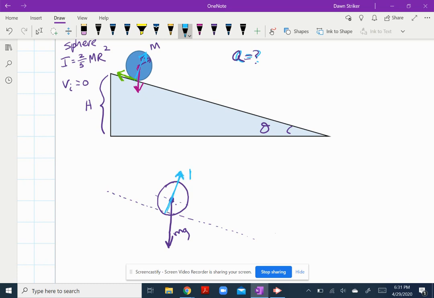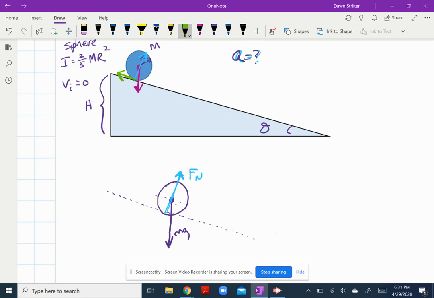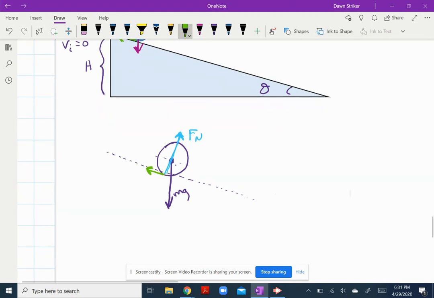So there's the normal force. And last but not least, the force of friction is applied sort of tangent to the edge. And if that object weren't able to roll, it would actually hold it in place. So it's there at the edge. That's my free body diagram.